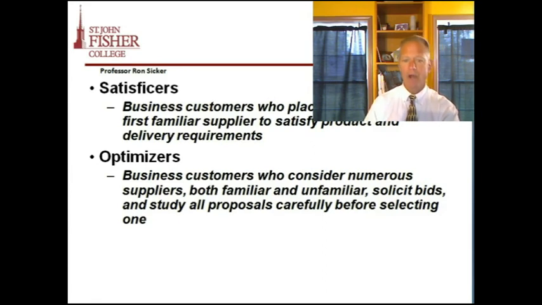Optimizers, however, oftentimes are those business customers that are looking for multiple different suppliers. They send it out to bid. They're not going to take the first one. They really scrutinize those companies, etc. And those are called optimizers. They solicit bids, they study all the proposals, and they take a lot of time.